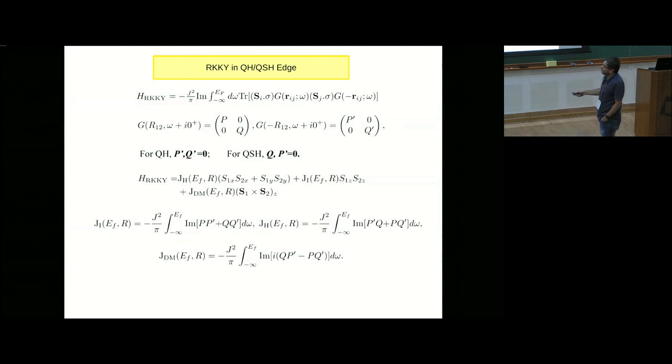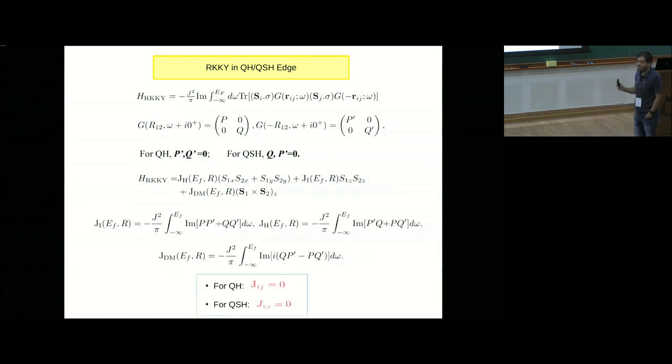Now, the Ising term has a form like this, and the Heisenberg term has a form like this in terms of these fictitious p and q, okay? It's very easy to see for quantum Hall, if I put p prime and q prime to 0, all of them will go to 0. And for quantum spin Hall, you will again understand that only this term will go to 0 if I put q and p prime to be 0, and the other two will survive, okay?